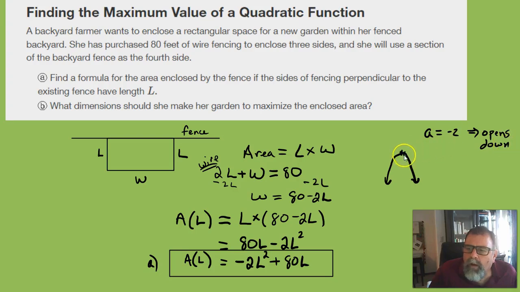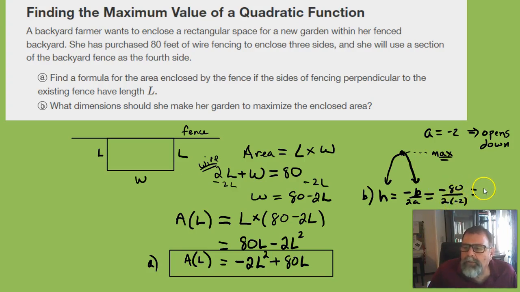And then the y coordinate is going to give me my max value at the vertex. So I have to figure out the vertex. So h is minus b over 2a, which equals, so b is 80, 2 times -2. So that'd be -80 over -4, which is, let's see, what is that? 20?